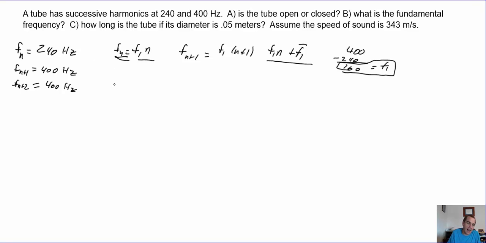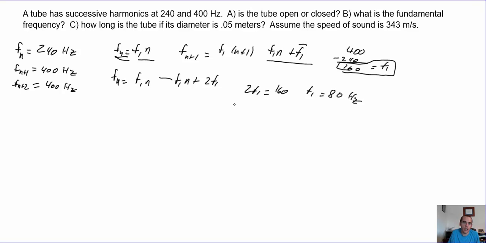So I can try again, but this time I'm going to use the fact that a closed tube is going to be n plus 2. So I still have Fn equal to F1 times n, and now I'm going to check my Fn plus 2, which is going to be F1 times n plus 2F1, which means if I subtract these two equations, this final minus the initial, then what I get is 2F1 equals 160, which means my fundamental frequency is actually 80 hertz.